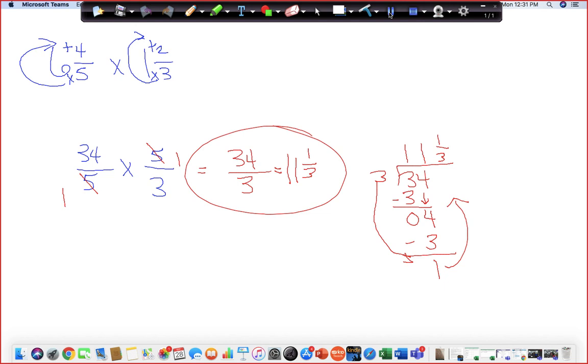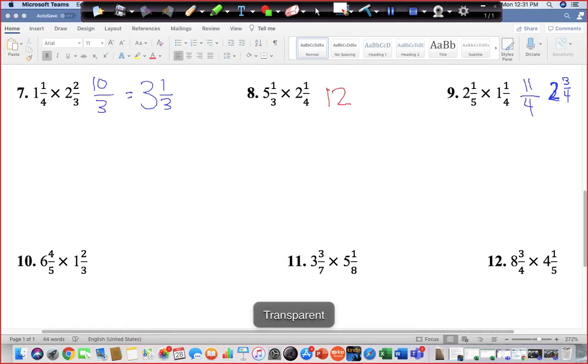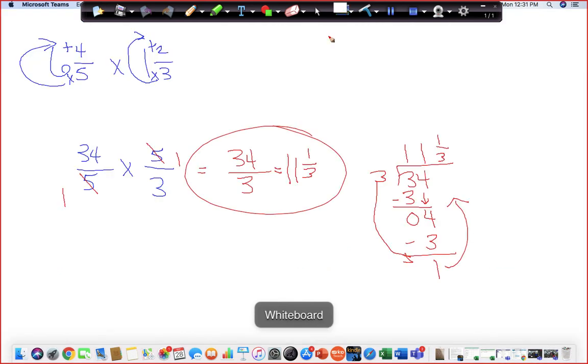Okay. So this is for question 10. You can check to see if you pause it or unpause it. 6 4/5 is 34 over 5, and 1 2/3 is 5 over 3. We cross-canceled here. Change those to 1s, then we multiplied straight across. 34 times 1 is 34. 1 times 3 is 3.